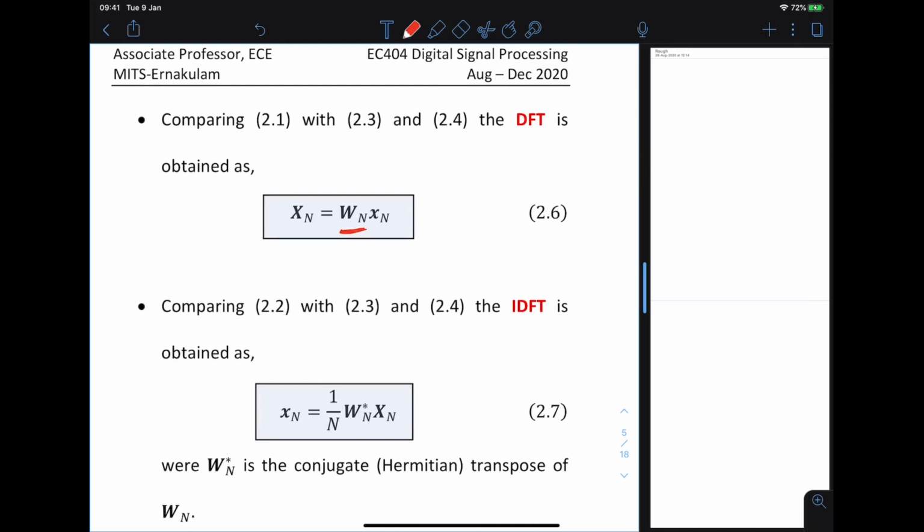That is the matrix transformation form of finding your IDFT. This particular thing is known as the conjugate transpose of a matrix. Conjugate transpose means you take the conjugate of each element and then transpose the whole DFT matrix. That is known as the conjugate transpose.